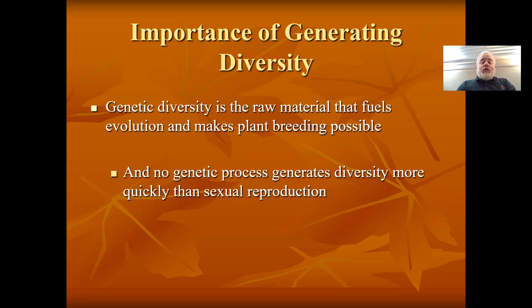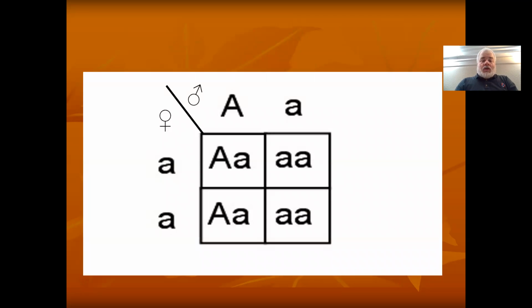Anyway, no genetic process generates diversity more quickly than sexual reproduction. So we're looking at an example here. And this is the symbol for male, the symbol for female.